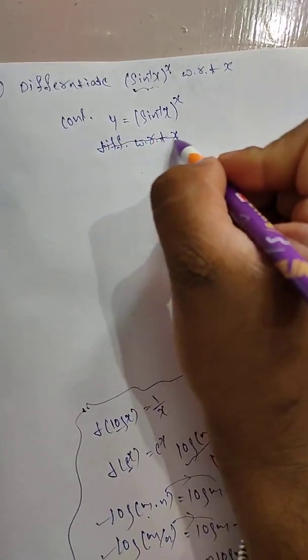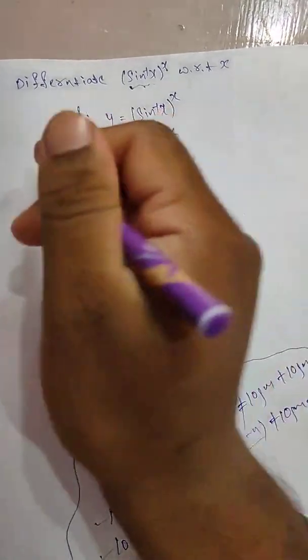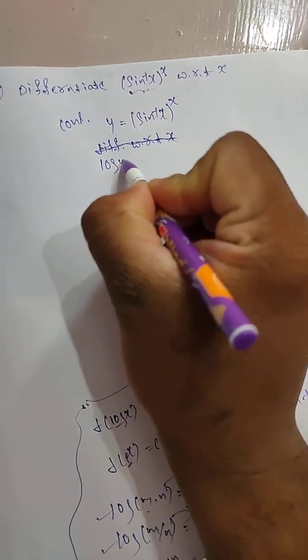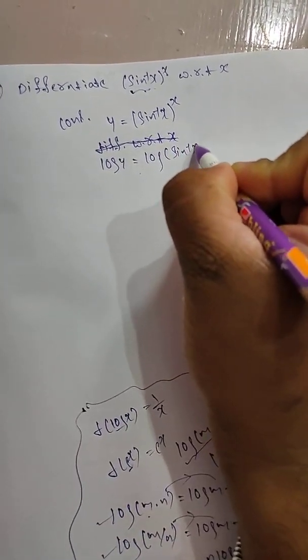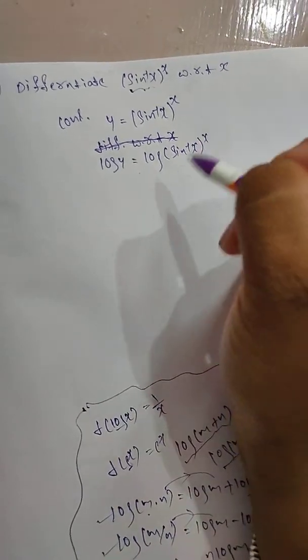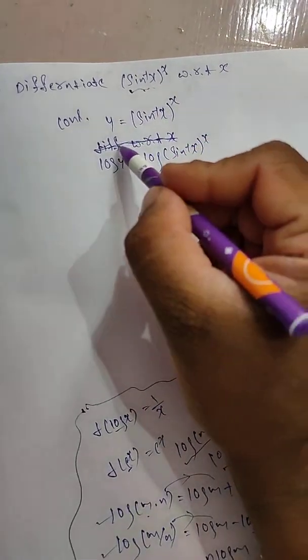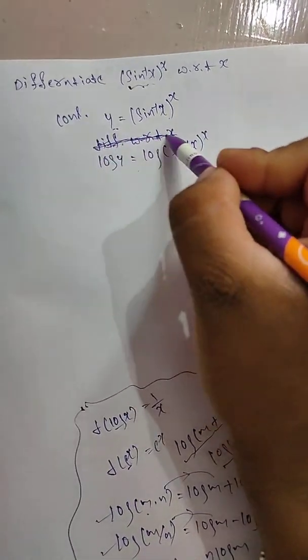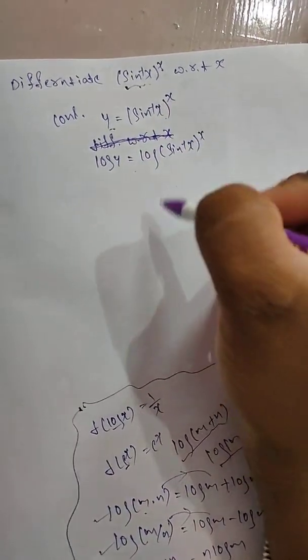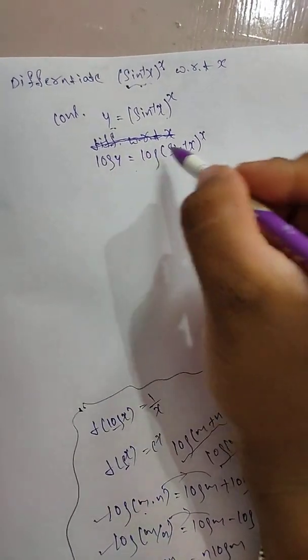What you want to do is apply the log on both sides. Log y is equal to log of sin inverse x to the power of x. In the last problems, after this we were differentiating, but now we can't differentiate. Why? It is a function to the power of a function. Apply the log on both sides.